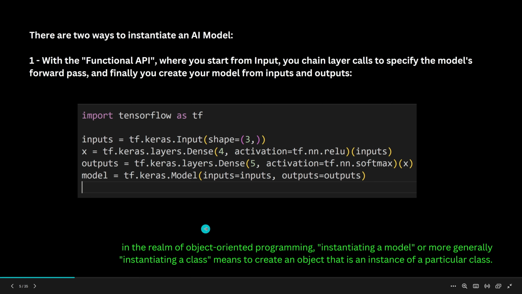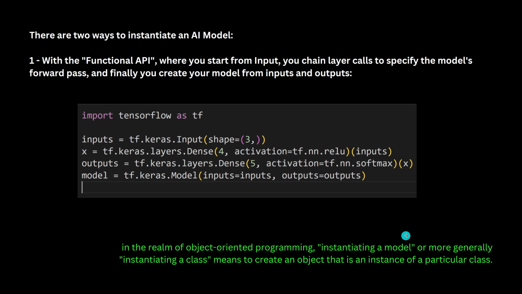In the realm of object-oriented programming, instantiating a model, or to be more precise, instantiating a class, means to create an object that is an instance of a particular class. Yes, I know you did not get it, but never mind, I will show you an example in 2 minutes.